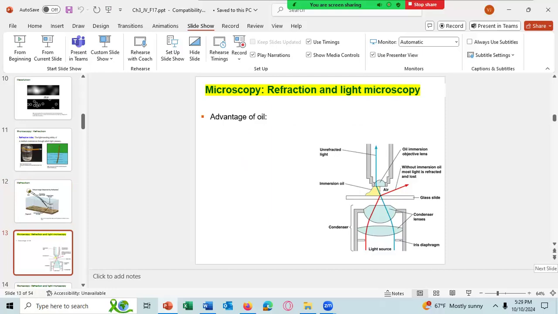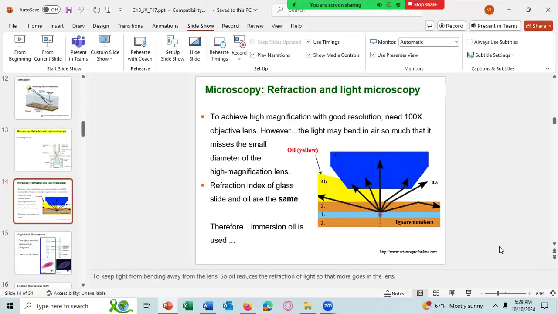One advantage of using oil is that light coming through glass and then entering the oil will not bend, because oil has the same refractive index as glass. Therefore, if you use oil, the light coming out of the glass slide will not bend.